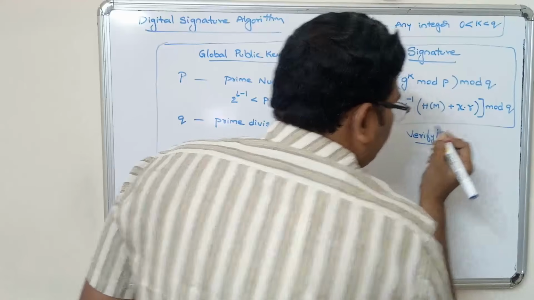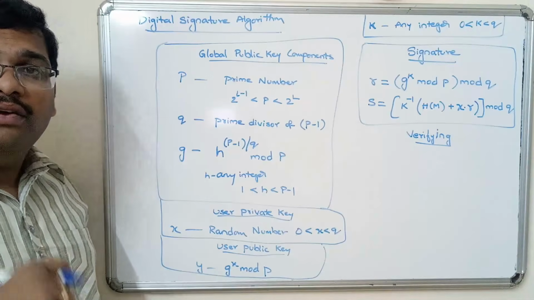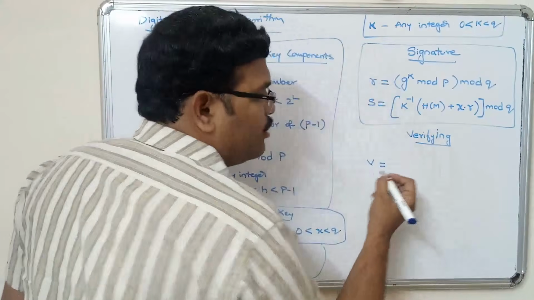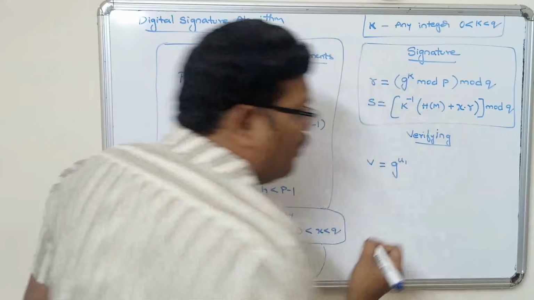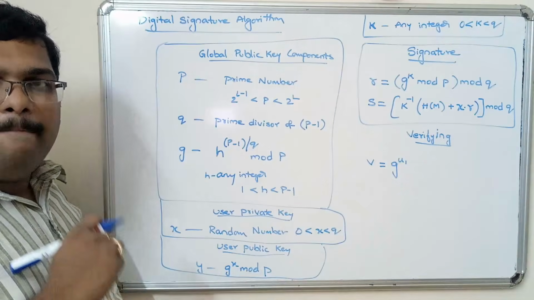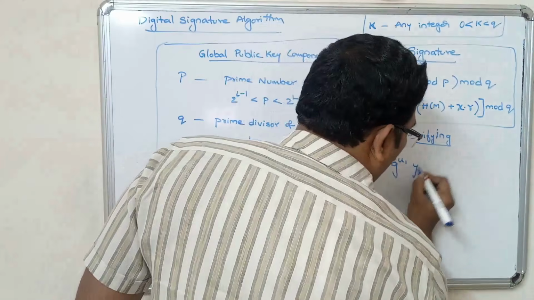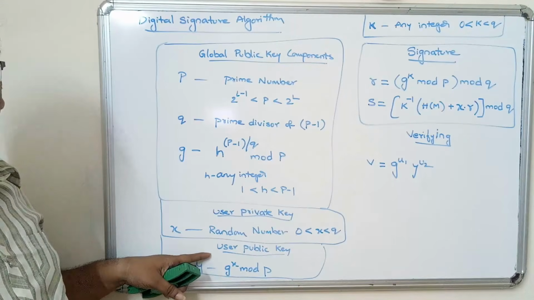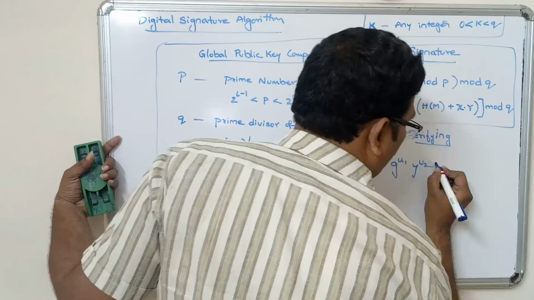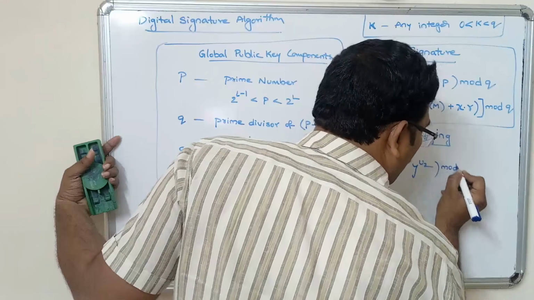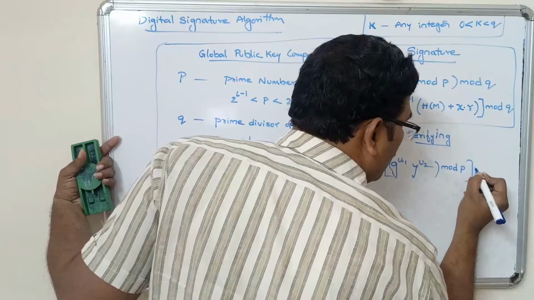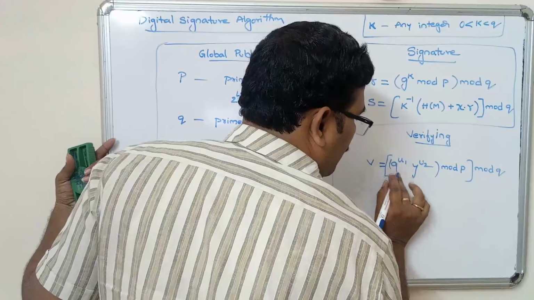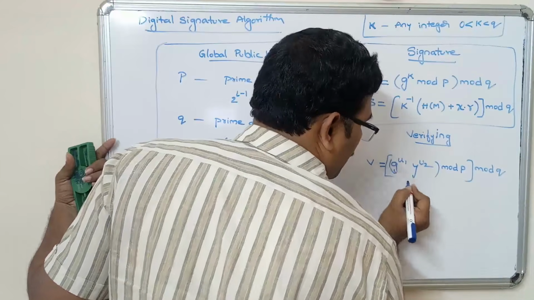Verifying function. So for this verifying function we will get a V value. V is equal to G power U1, where G is a public key component, Y power U2, and Y is a public key, mod P, mod Q. Right?